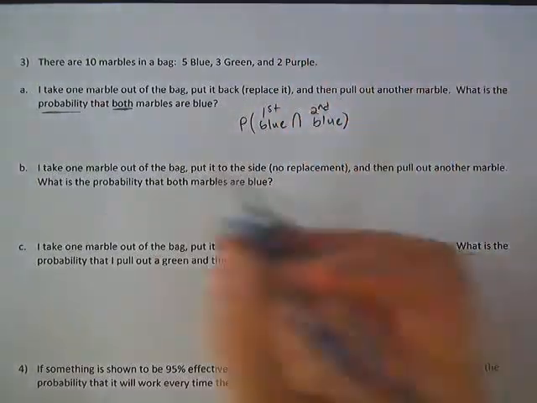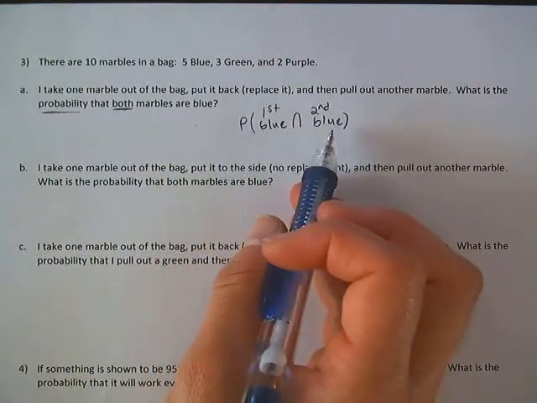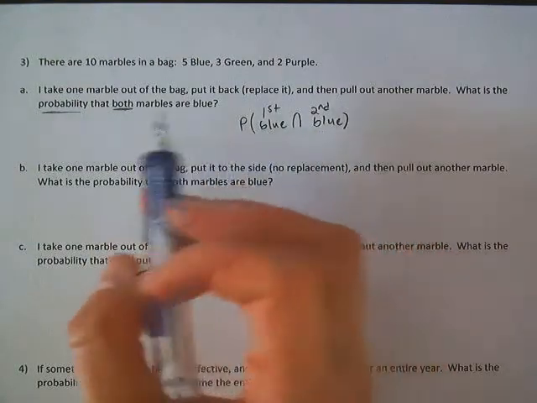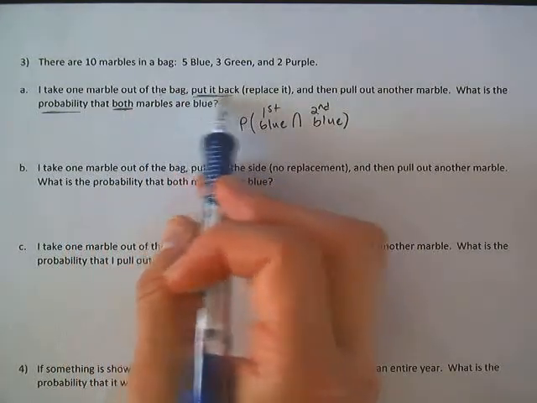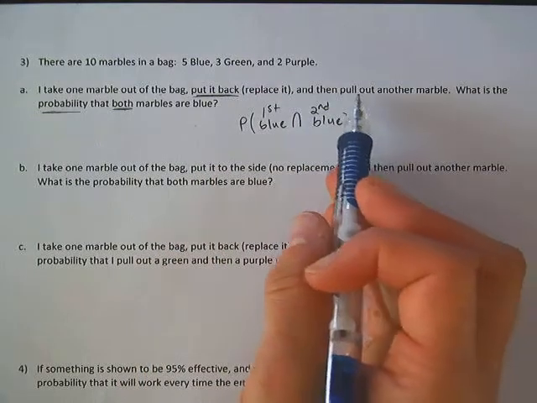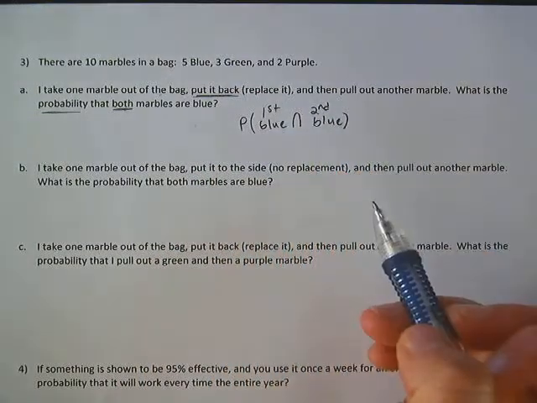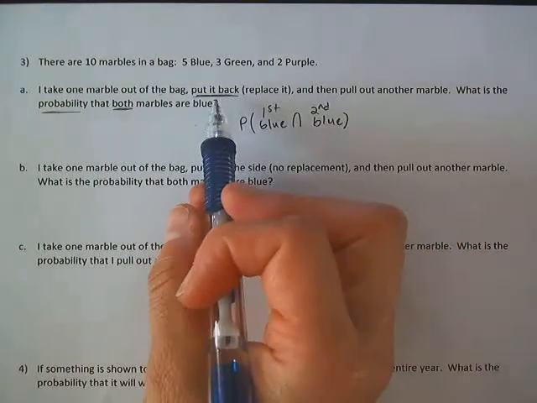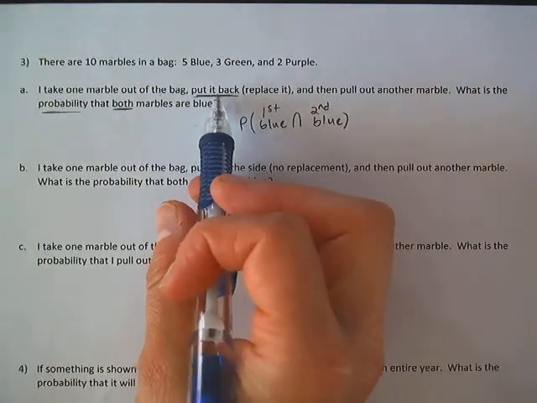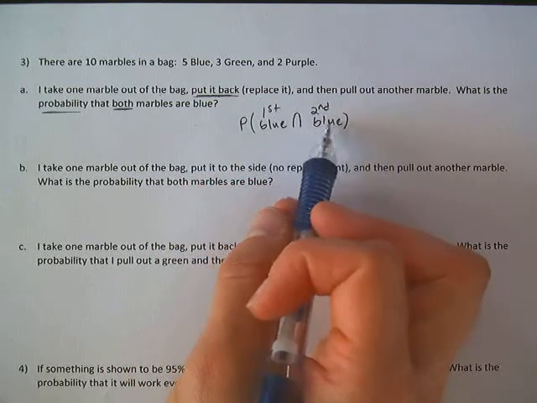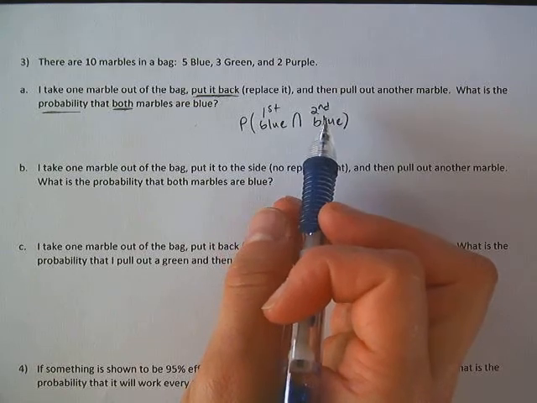Okay. So before we can do anything, we have to figure out, are these two things independent or dependent? So I'm drawing out a marble, I'm putting it back, and then I'm pulling out another one. So does that change anything whenever I go to draw out the second one? And this is kind of like that example I talked about before. Because I'm putting it back, that second marble that I draw out, the likelihood of it being blue will not change in any way.